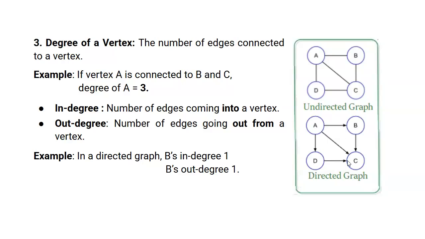In this example graph, if you take vertex B, its in degree is 1, only one direction getting into the vertex. Similarly, the outgoing direction is only 1, so its out degree is also 1. The in degree of the vertex C is 3, but the out degree of C is 0, and so on.